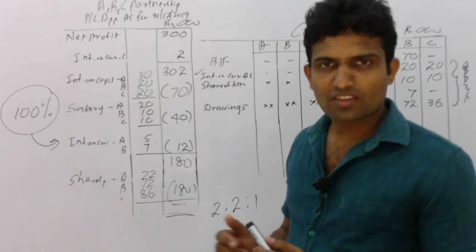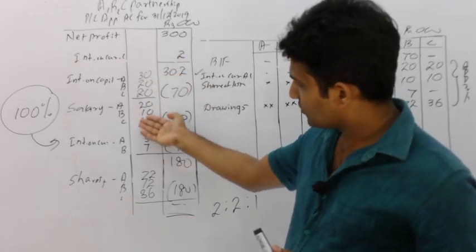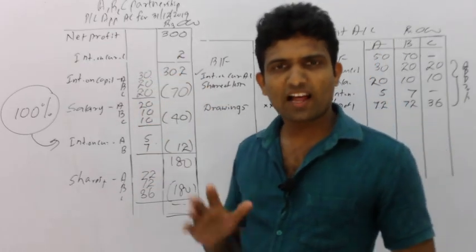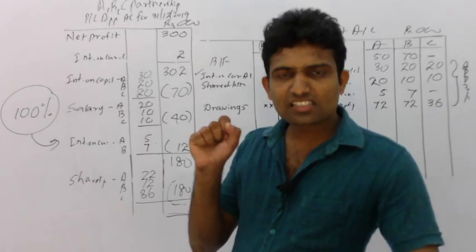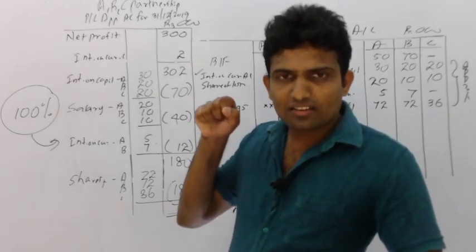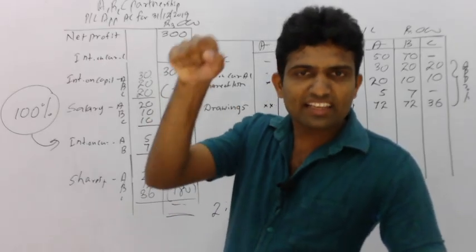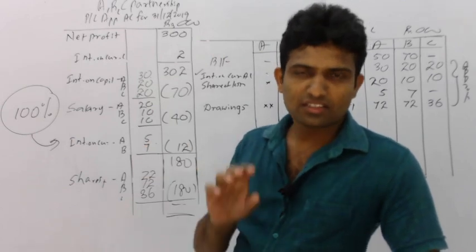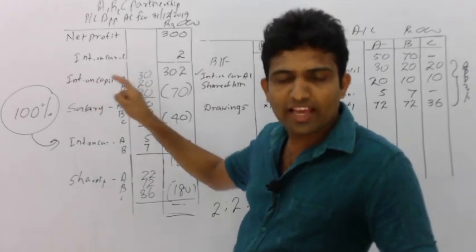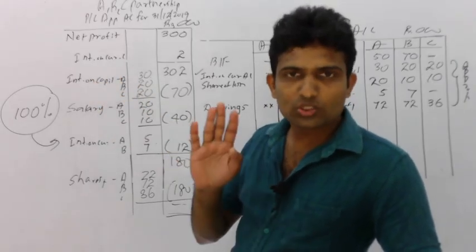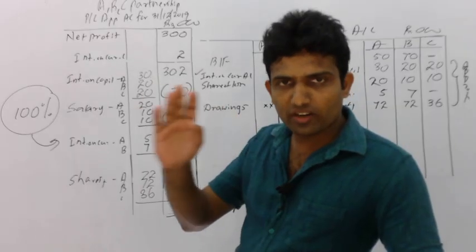I'll repeat it. All these transactions which you record in appropriation are the transactions which partners can join with the partnership in the capacity of a partner. He can get an interest on his capital as he is a partner. Interest on capital is not paid for anyone else.